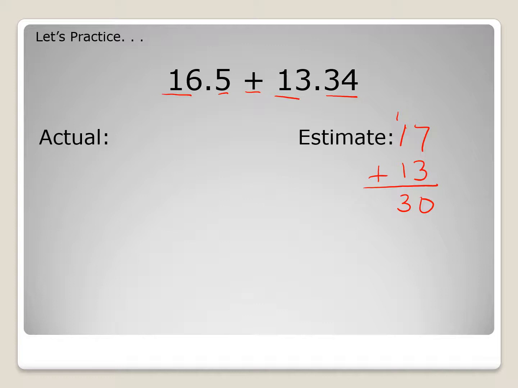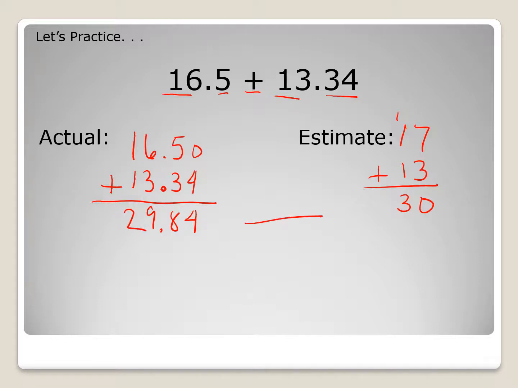Now the actual answer, the first thing I need to do, line up my decimals. Fill in zeros for missing numbers. $29.8400, and that number is about 30. So my actual and my estimate are aligned.